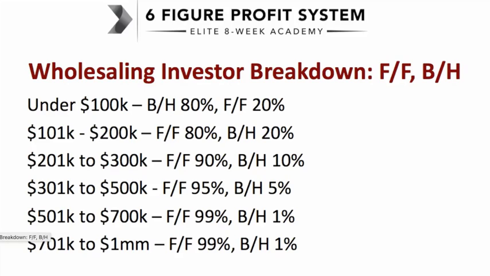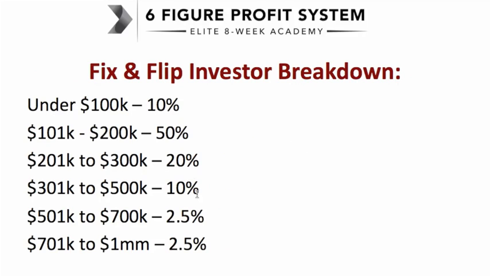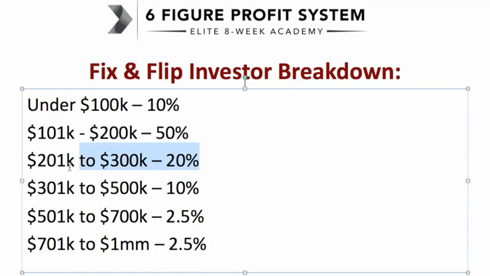Okay, so now let's look at the wholesaling. Let's say you're wholesaling properties. Here we looked at fix and flip and kind of where the competition is at, which incidentally, it's interesting. The 200 to 300, you only have 20% of other flippers to compete against, but your profit margins are healthy. And then look at this, at 300 to 500, you have even less.